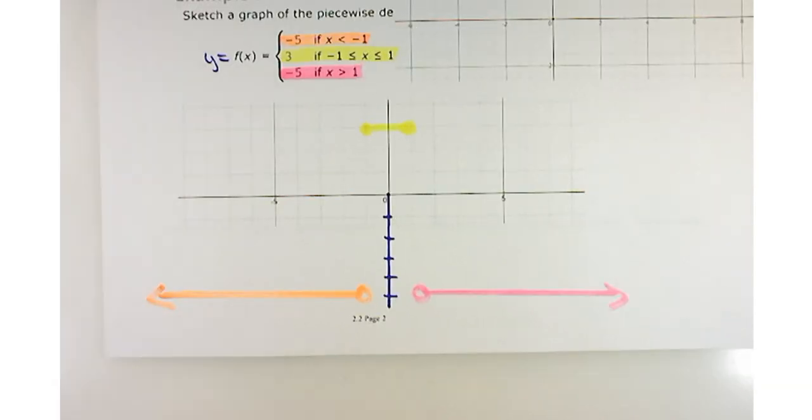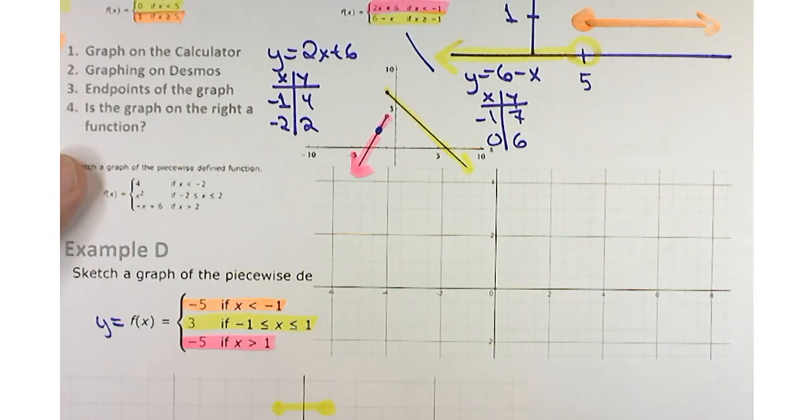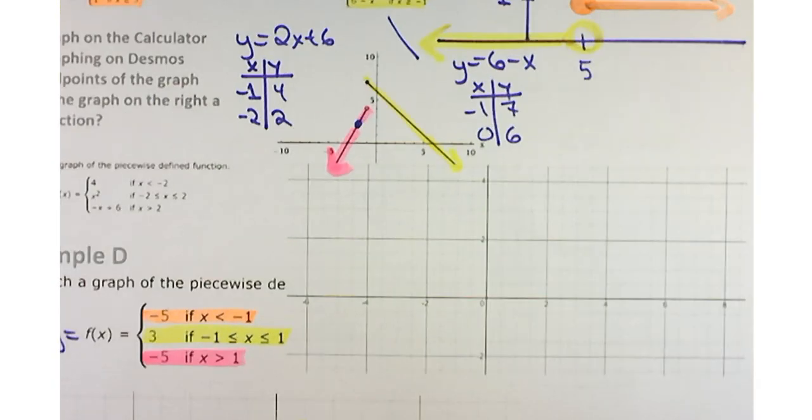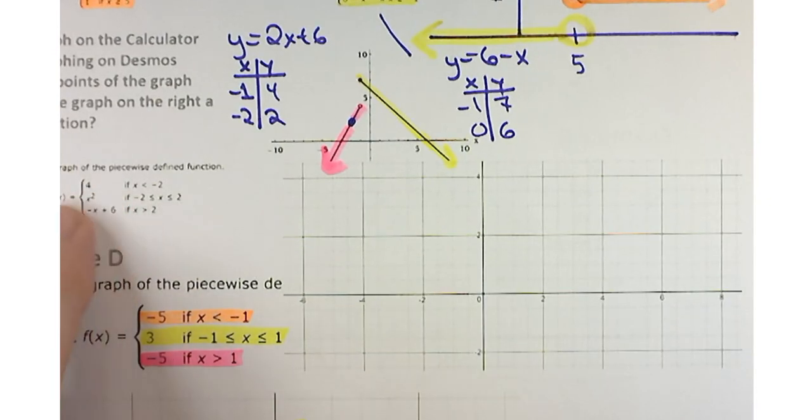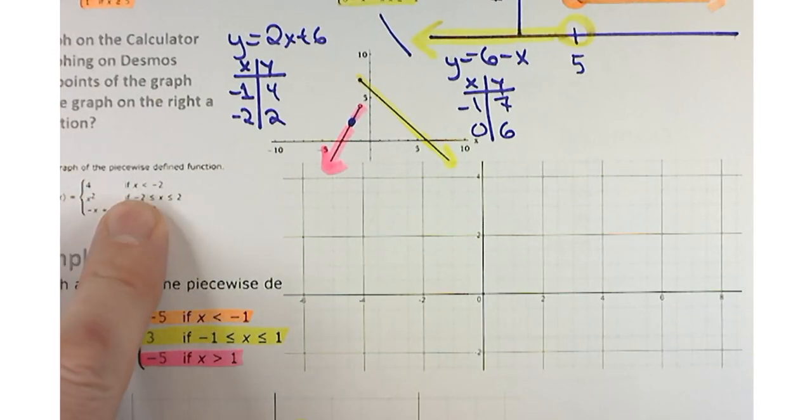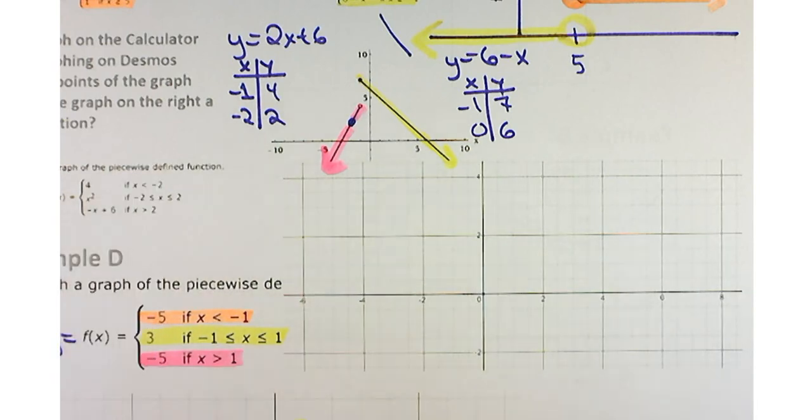There's your graph. So let's do one last one, a little bit more challenging. It's this one here. We're going to use this part to graph it. Let's start out with a part that hopefully you can figure out without too much sweat, and that is f of x equals 4 for x less than -2. How's that going to look?